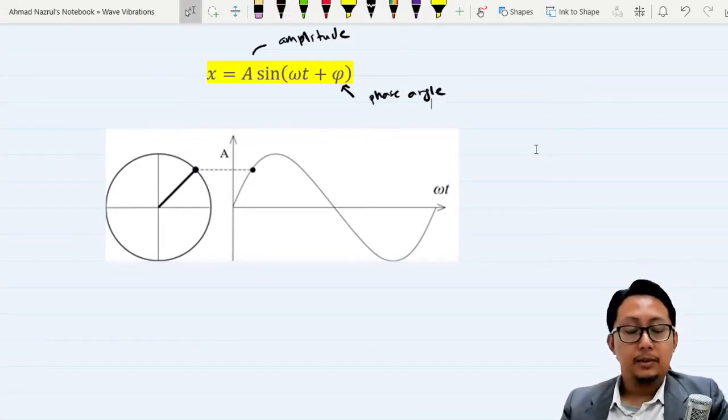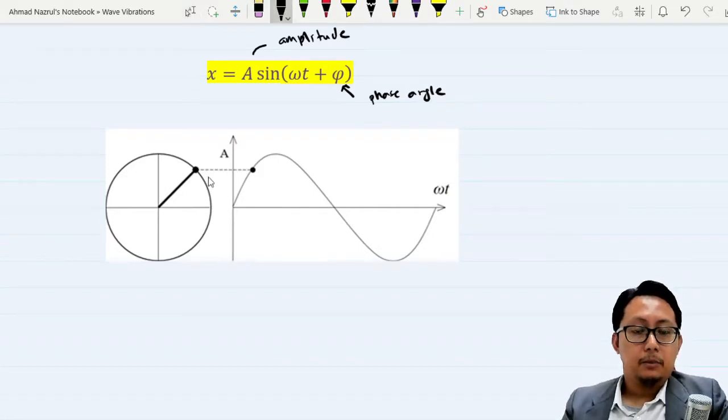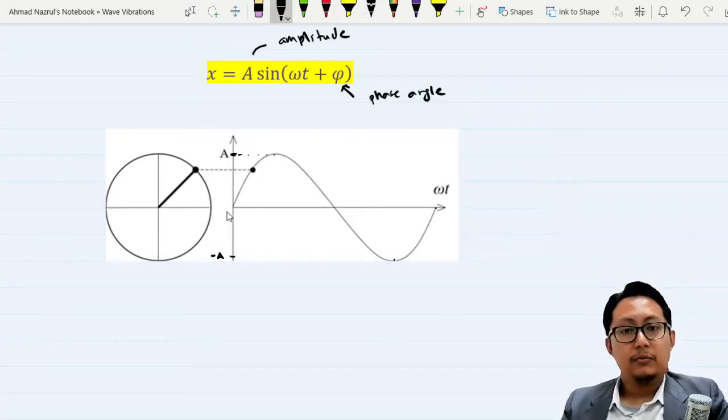So right now, for example, the sine graph. The amplitude will be here, the maximum, and this will be minus a, the minimum peak, and this will be one cycle. And how is it related with the angle?